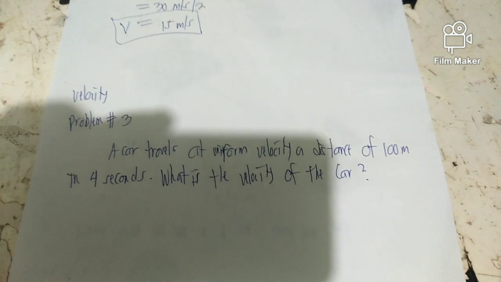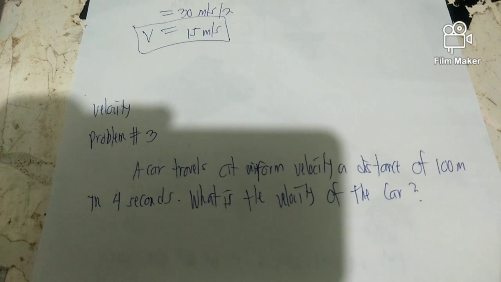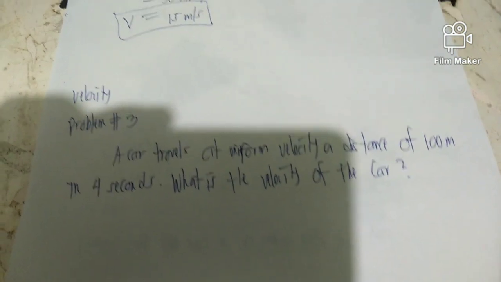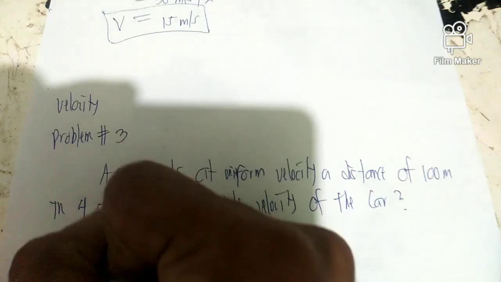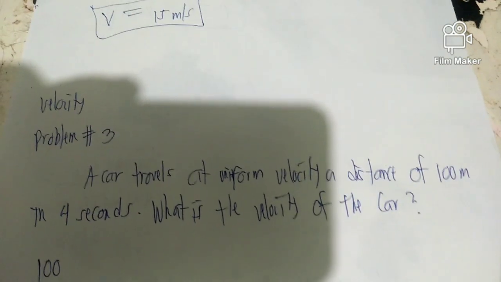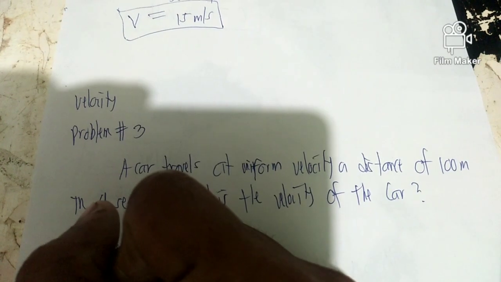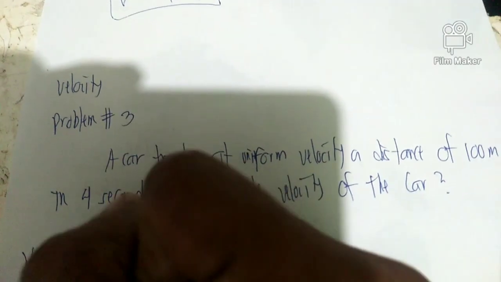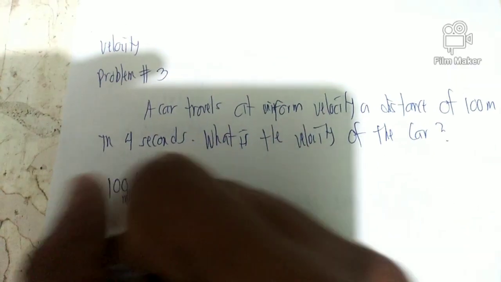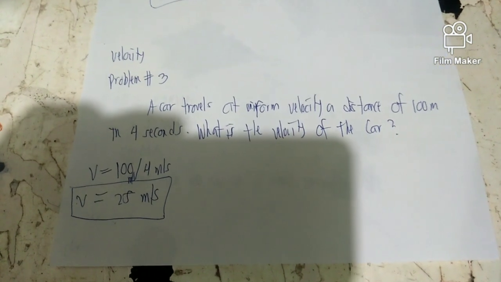So here is our example, here are our givens. So 100 divided by 4 is equal to 25. Velocity equals 25 meters per second. So this is our velocity.